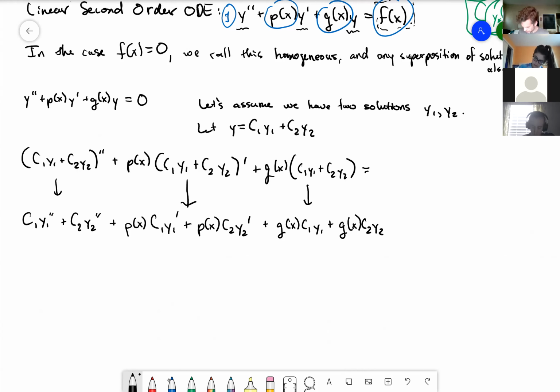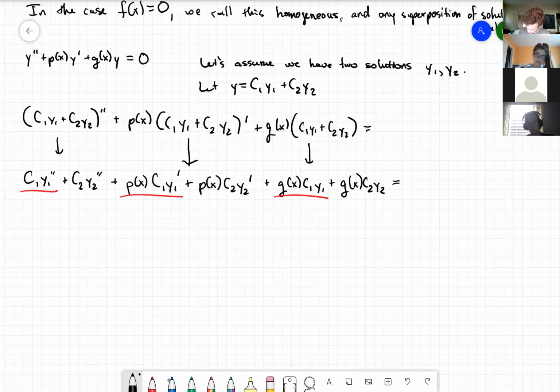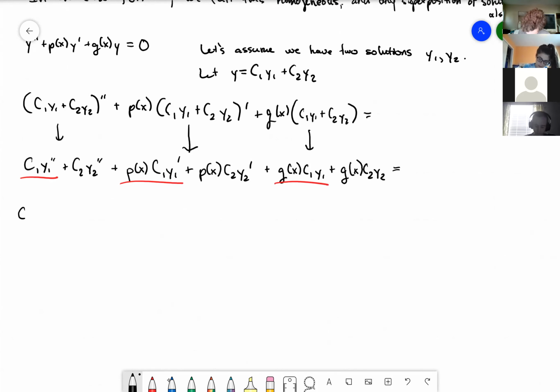Now what I'm going to do is collect together the y1 terms. So this is equal to c1 y1 double prime plus c1 p of x y1 prime. I've just moved the c1 out in front. So all of these are going to be multiplied by c1, finally c1 q of x y1. Okay, so that's all the red underline.